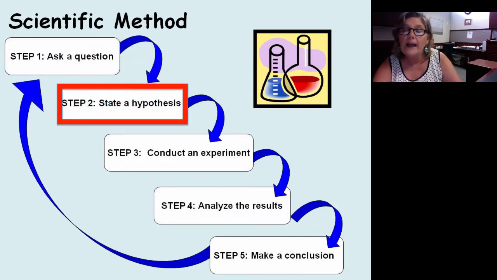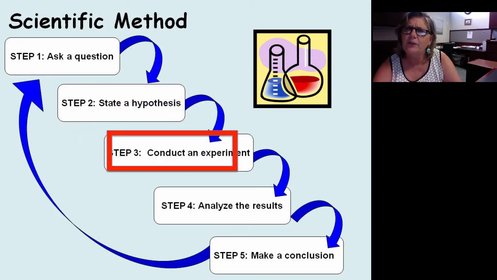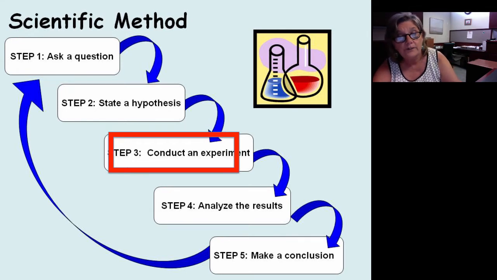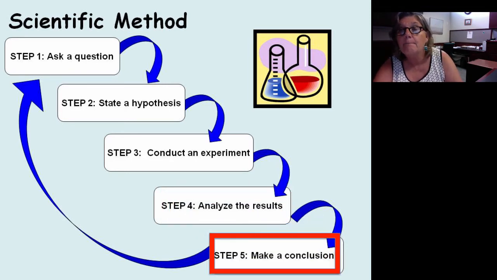Next, we have to come up with an educated guess about what we think the answer might be. And then we test whether that's right or not by conducting an experiment. Once the experiment is done, we have to analyze the results. And from that, we can finally make a conclusion.